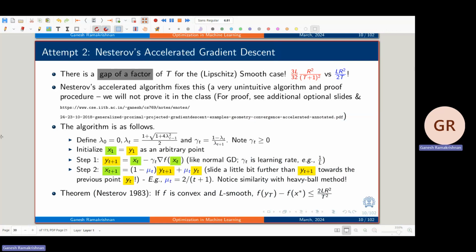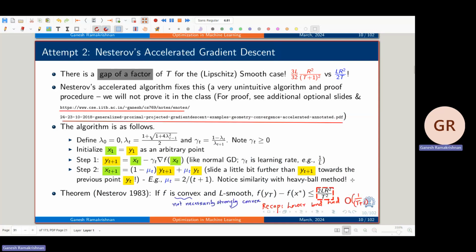Any questions on this? Okay, so we don't need f to be further strongly convex. And you're doing pretty well. So instead of T plus 1 square, we have T square. That's it, the denominator.